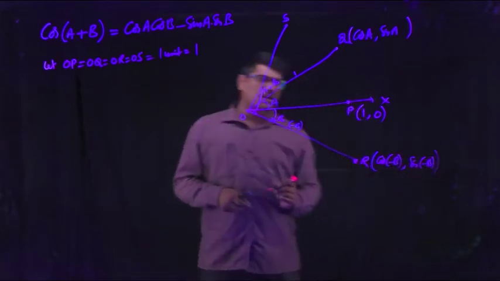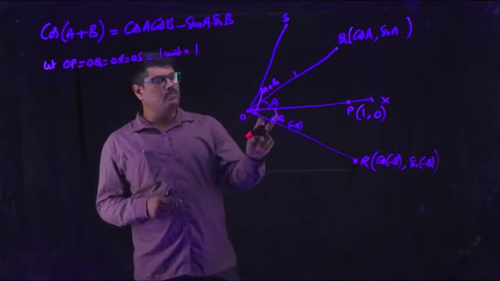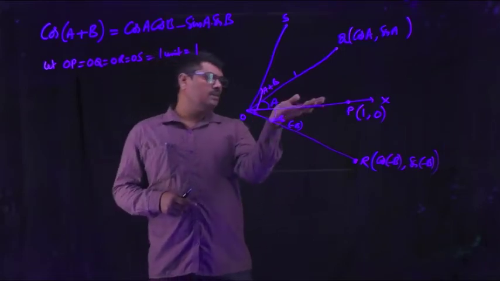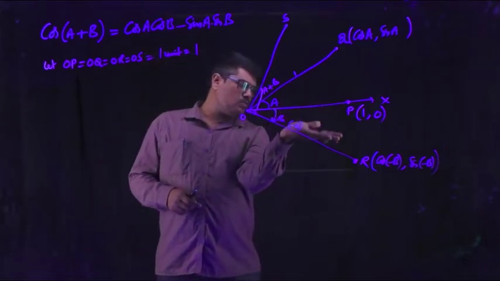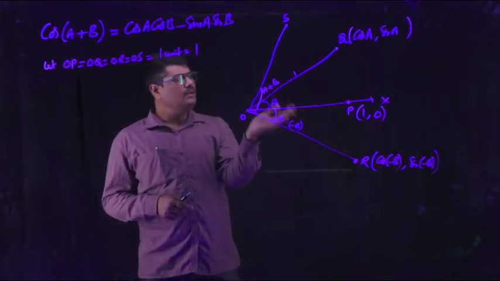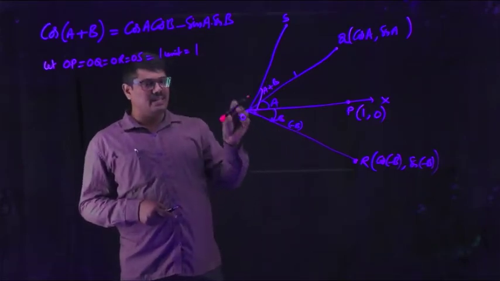Actually, the point will be cos theta, sin theta. Here the angle is minus B. Let me explain again why I am considering the angle as minus B. Because according to the diagram, this OR moves in clockwise direction. Whenever a ray moves in clockwise direction, we have to treat the angle as a negative angle.